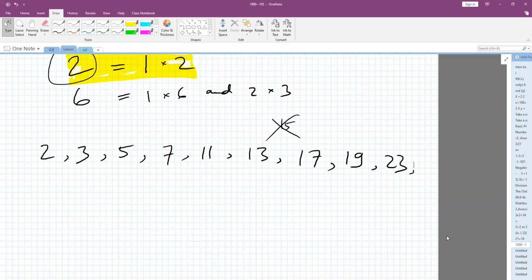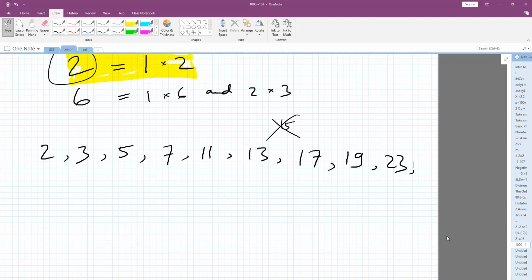So what is the next prime number after 23? It is not 25. Not 24. Not 26, because 26 can be made from 2 times 13.